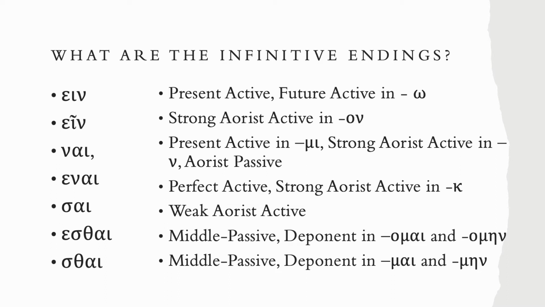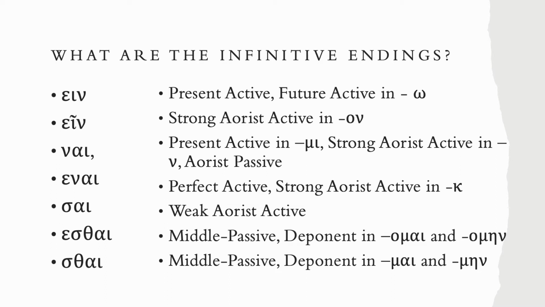So ein will show up with the present active or the future active ending in omega. Ein with the circumflex will show up in the strong aorist active ending in on.